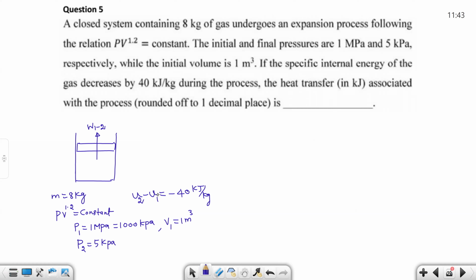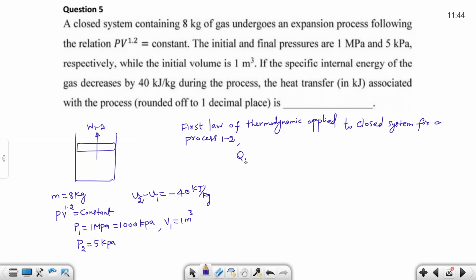Now we can apply the energy equation for a closed system, the first law of thermodynamics, for a process 1 to 2.